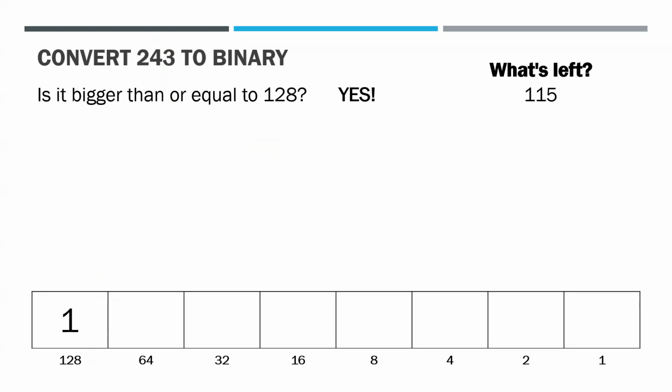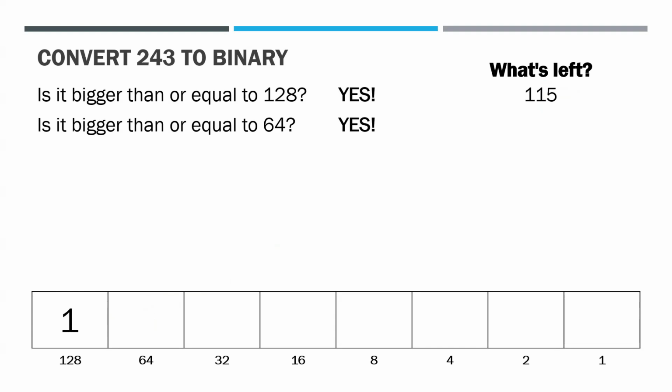Okay, so we've got a 1 in the 128s place and we've got 115 left. Now we move down to the 64s place and we ask basically the same question: is 115 greater than or equal to 64? Yes, it is.